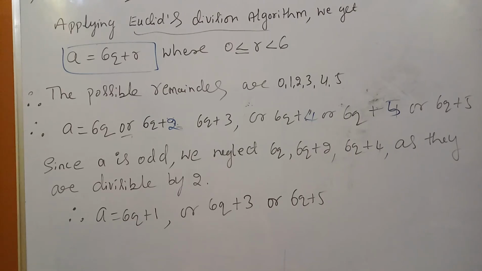That's why we take a as any positive odd integer and b is equal to 6. By applying Euclid's division algorithm, we get a is equal to 6q plus r, with r less than 6 and greater than or equal to 0.